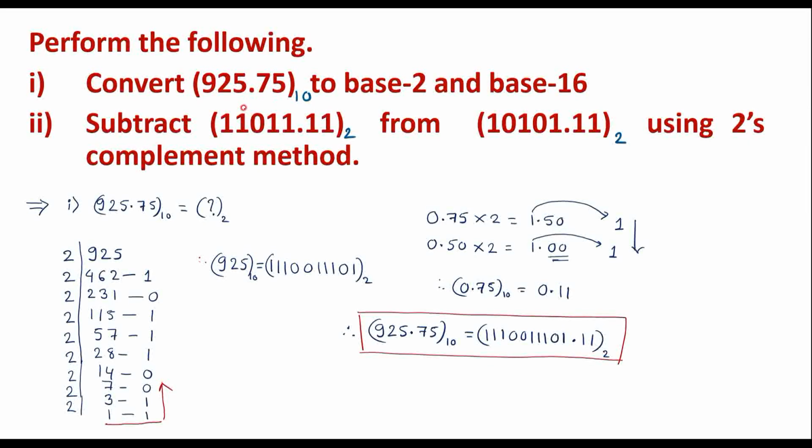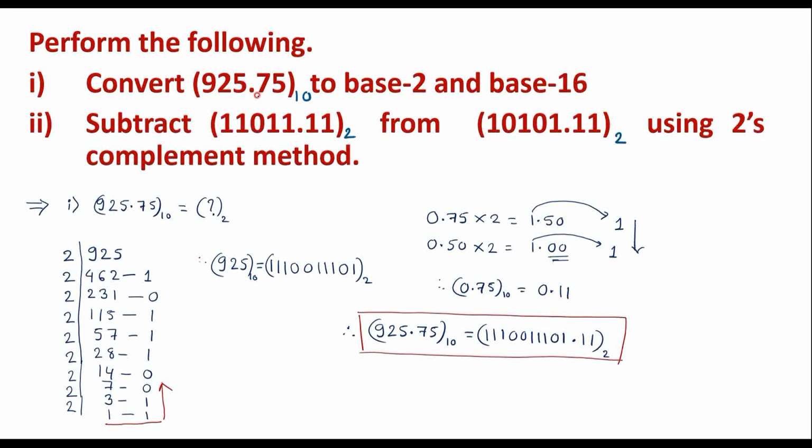So now we are supposed to convert 925.75 into hexadecimal, that is base 16. This can be done in two ways. The first method is to divide 925 repeatedly by 16, as we have done for the binary number.